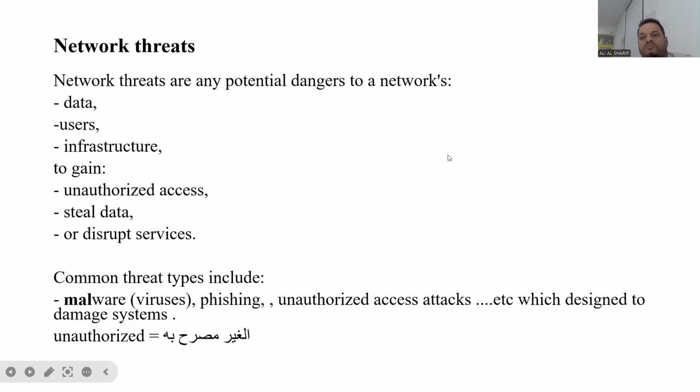Network threats, it's important. Why? This section is very important because when you know it, you will have the opportunity to protect your PC from threats like that. Let's look briefly at the section. Network threats are any potential danger to a network's data, users, infrastructure.